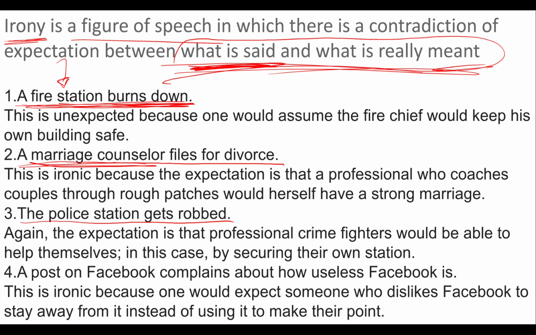Okay, 2 individuals are patched up to become a couple under some guidance. Okay, so giving guidance, making a couple is someone who is a marriage counselor. But we know a marriage counselor gets couples to patch up, but he is only filing the divorce. Contradiction is visible. Someone who is patching up, who is coaching the people to patch up, can't be someone who is at the same time filing the divorce. Contradiction is visible. What is the expectation? Making couples, but what is he doing? Divorce. Contradiction.